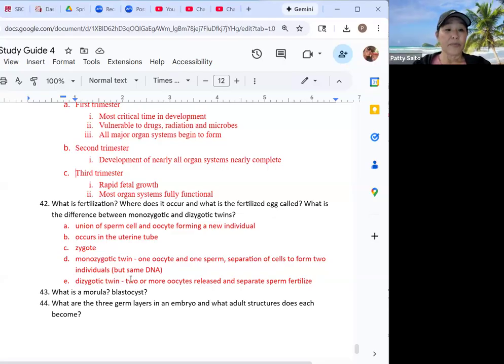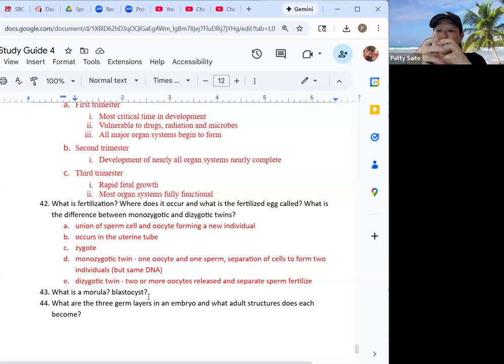Now, in the next question, we'll talk about how we get from a zygote to different stages of development. But what happens is that zygote begins to divide. And so what was once one fertilized egg, a single cell, will divide to form two cells. All right.